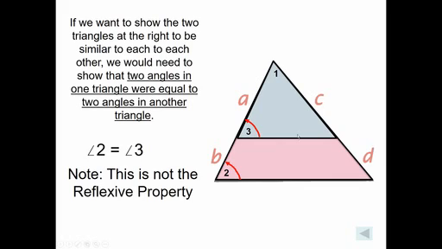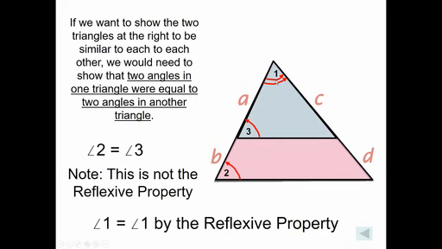But to get the second pair of angles equal, we're going to say that angle 1 is equal to angle 1 by the reflexive property, because angle 1 is in the blue triangle. Angle 1 is also in the pink triangle. So now we've got those two angles equal, but the point here is that angle 1 is equal to angle 1. So that's one way that we would use that.